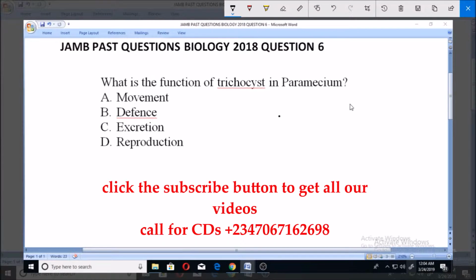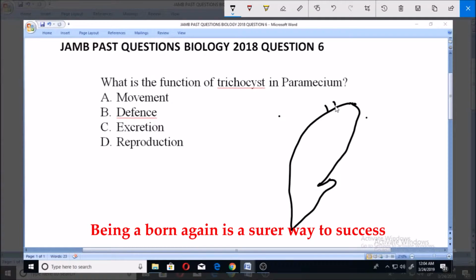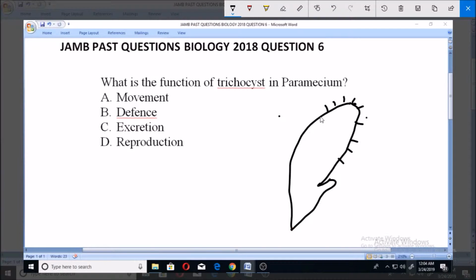a paramecium is. Paramecium is an organism that has this shape. That is the shape of a paramecium. So on the body of the paramecium we have things like this.